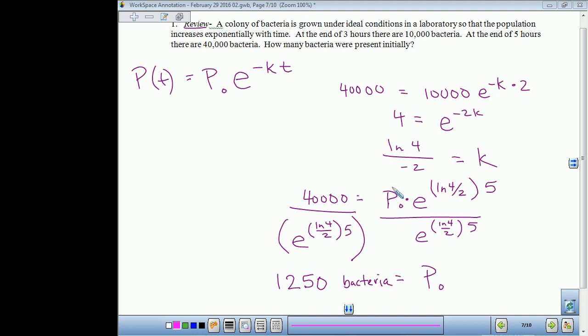Sometimes we have to play with it to find our constant, and then we can work backwards and find our initials, knowing that we don't always have to be given that initial if we're given 2 other pieces of information that are valid.